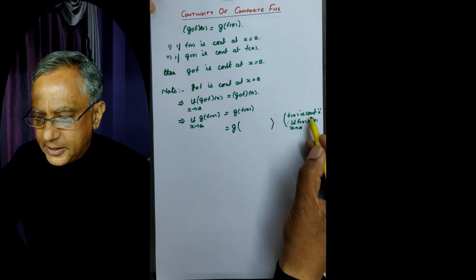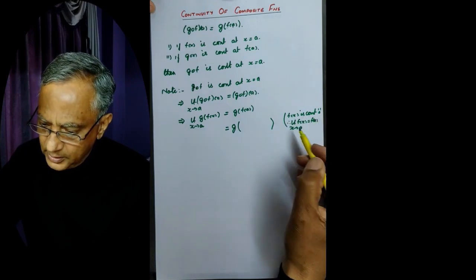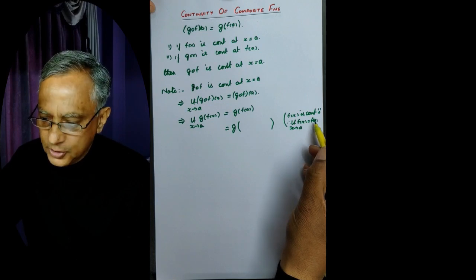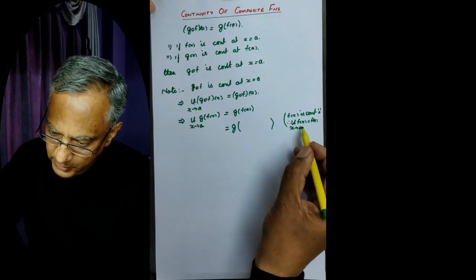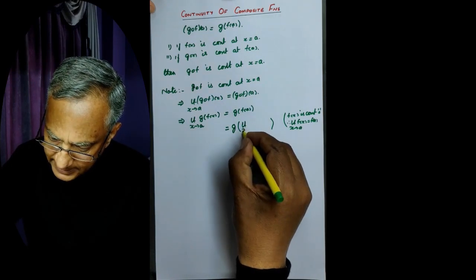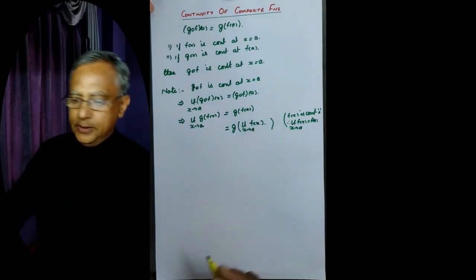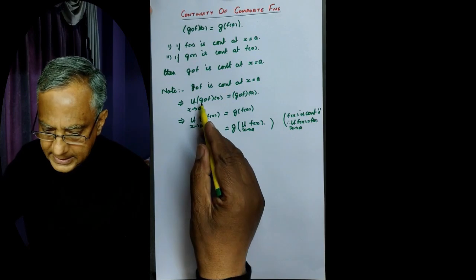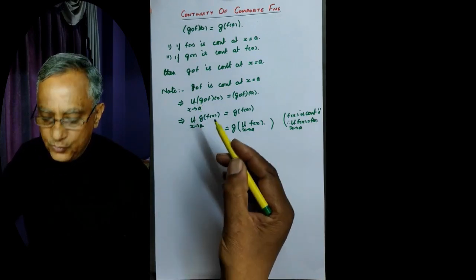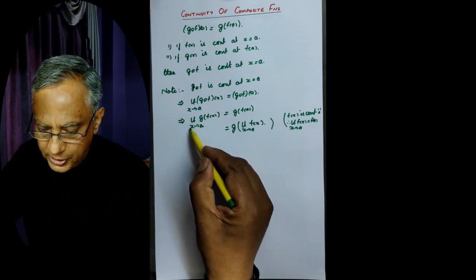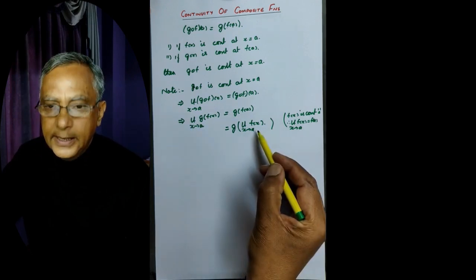Since f(x) is continuous at x equal to a, the limit as x approaches a of f(x) must be equal to f(a). So f(a) must be equal to the limit as x approaches a of f(x). We can understand this result as: if f and g are continuous functions, then the limit can be taken inside.